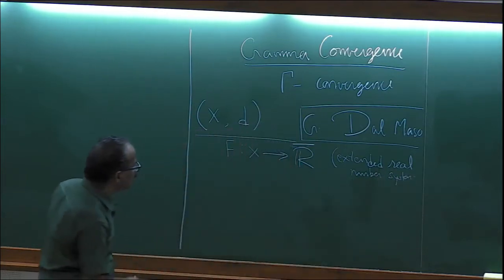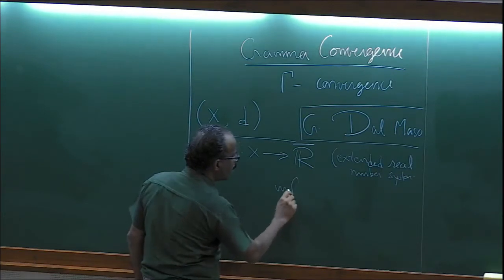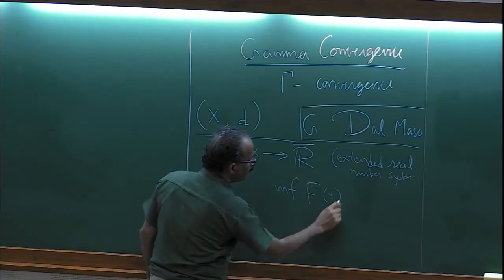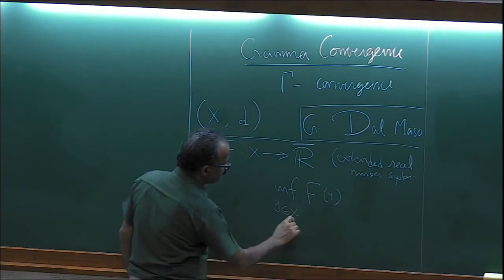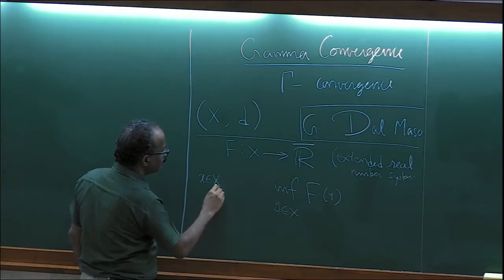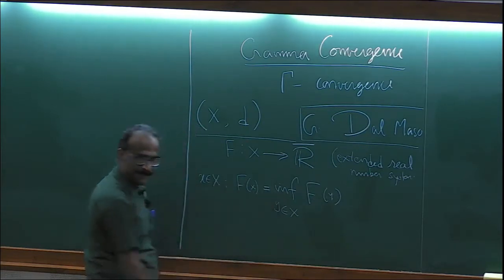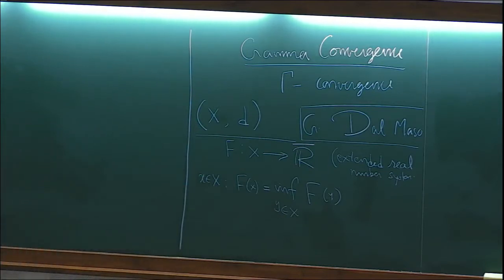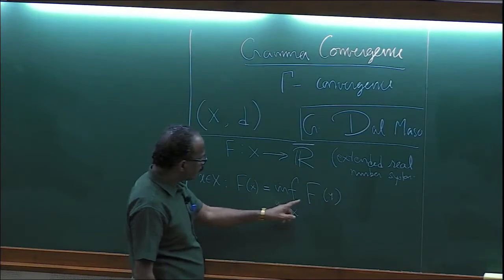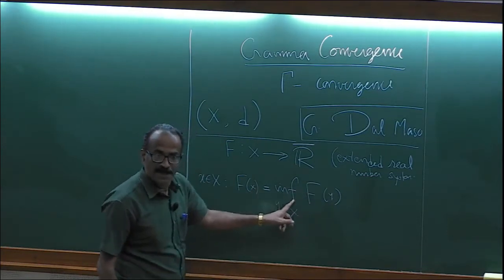So what's basically a minimization problem? You are looking for infimum of f of y with y in X. So the problem is look for an x in X such that f of x is equal to the infimum of f of y, y in X. If such an x exists, this infimum becomes a minimum.